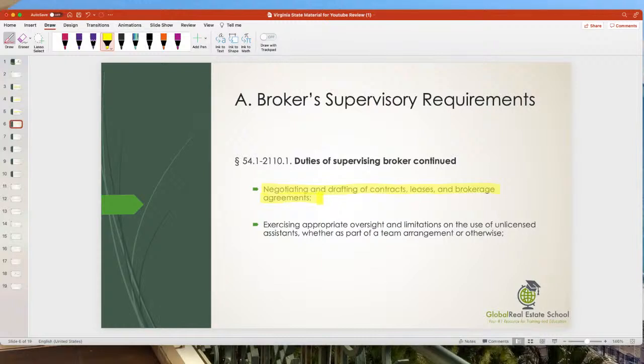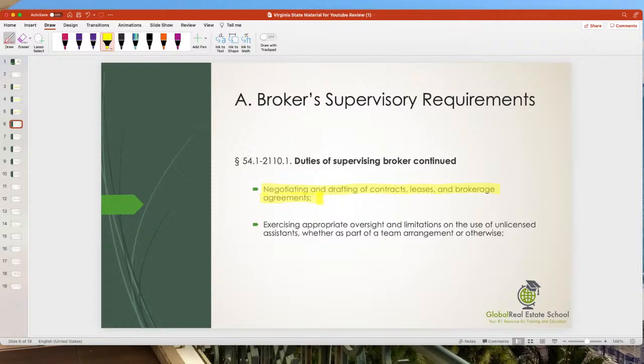Now, you can see here in the last bullet point that we need to exercise appropriate oversight and remind unlicensed assistants of their limitations, whether they're part of a team or an arrangement or otherwise.